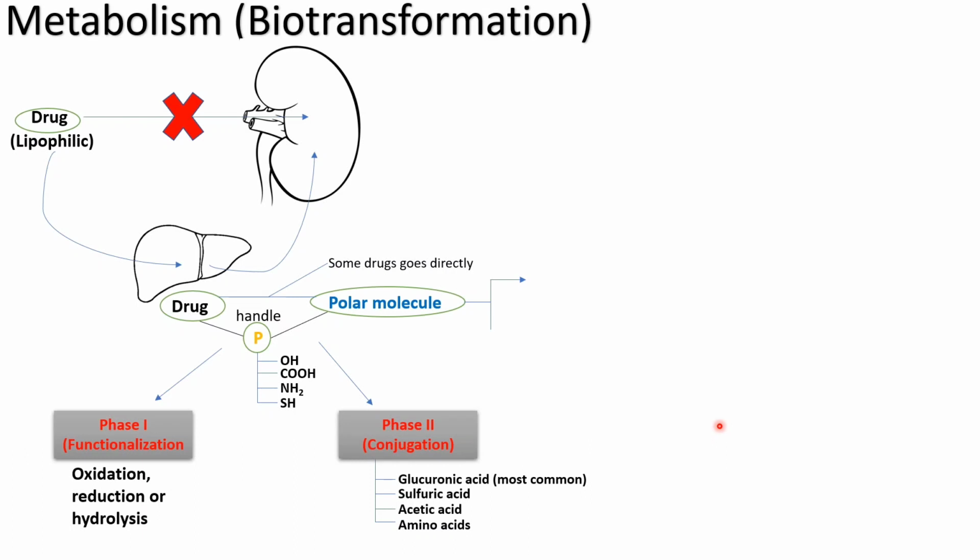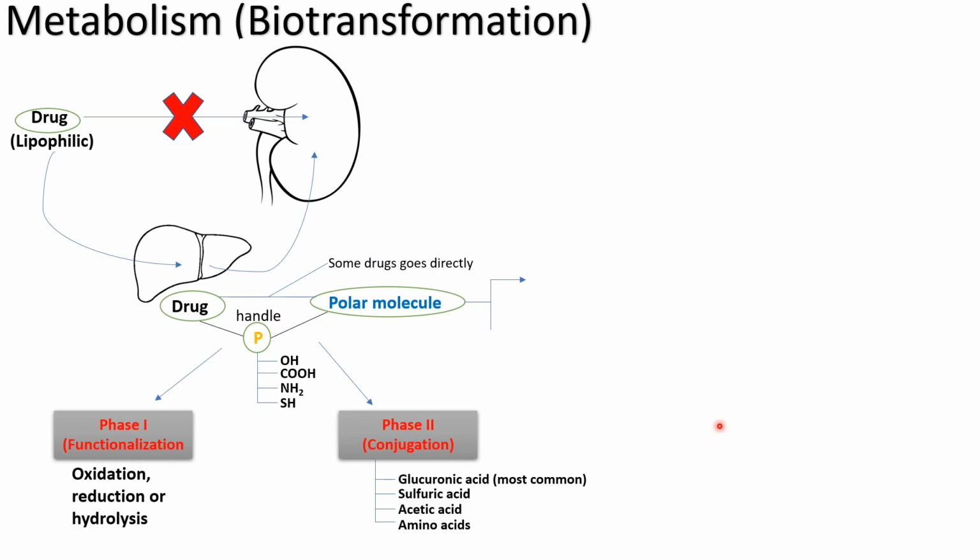By the way, there are some molecules that can go directly into phase 2 reactions without passing through phase 1, because these drugs already have handles, they already have these polar groups. Alright?